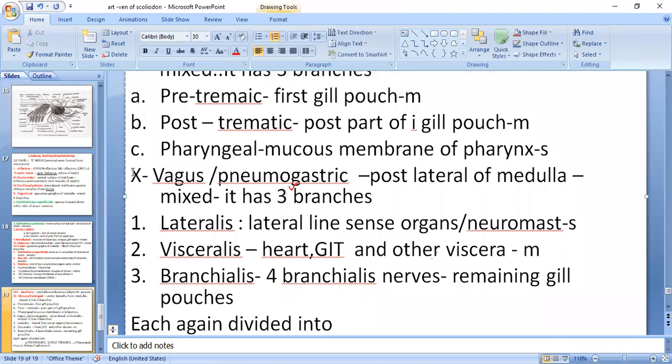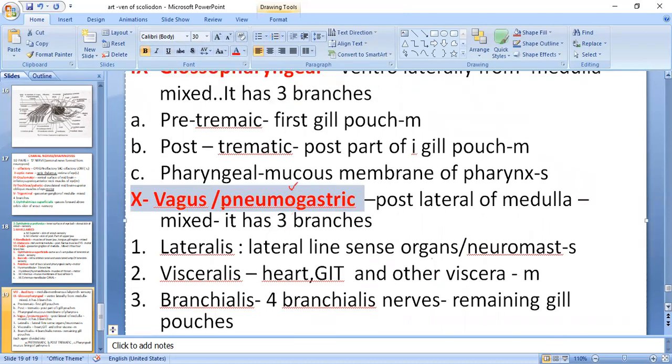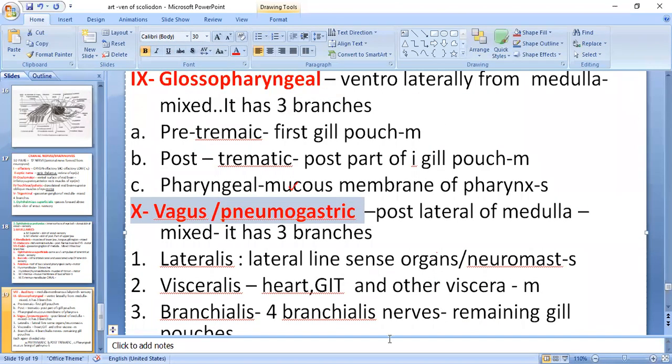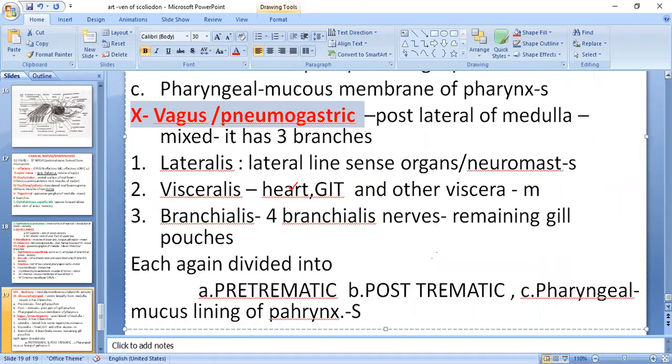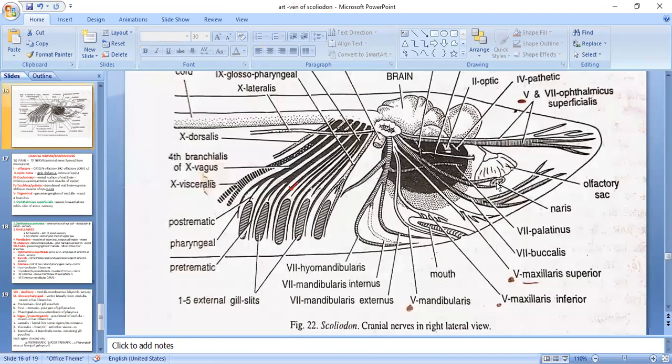So this is the 10th. Each again has pre-trematic, post-trematic, and pharyngeal lining of the pharynx. So this is the actual structure.